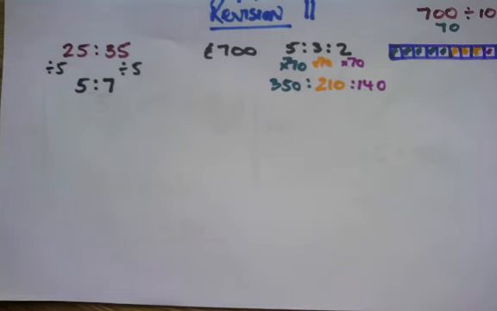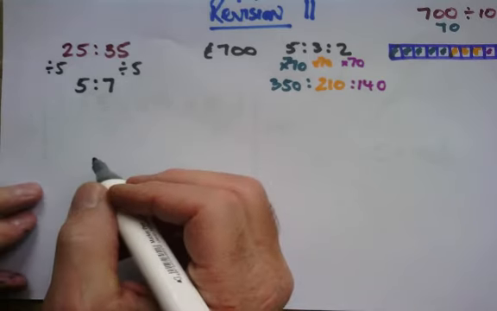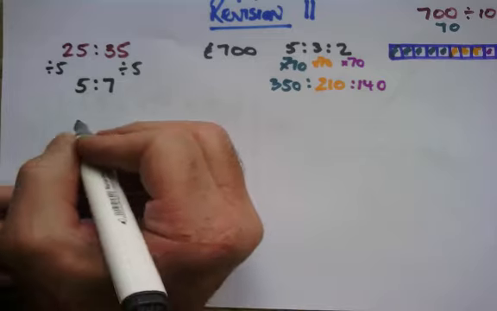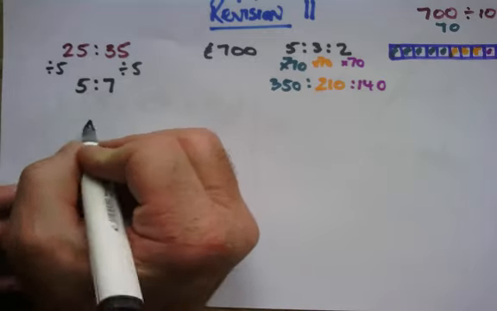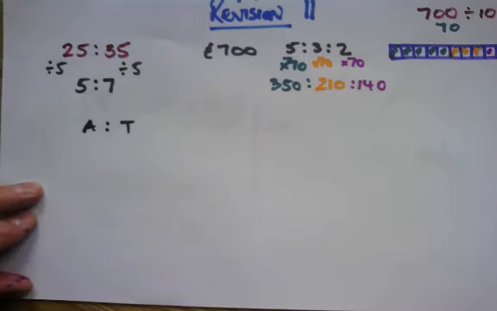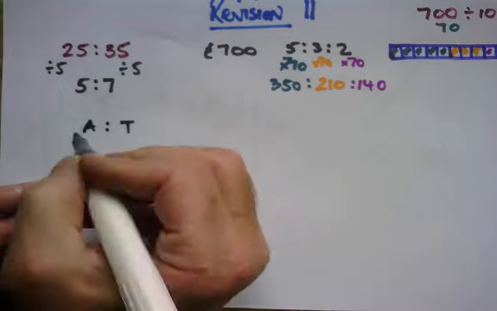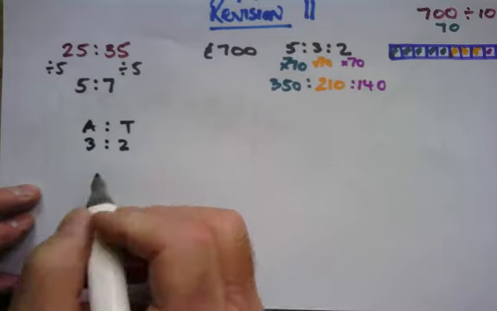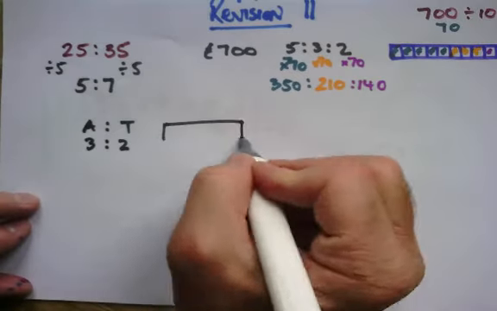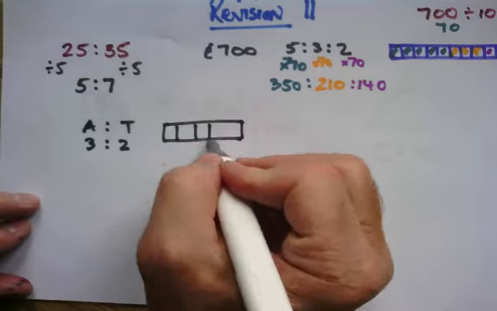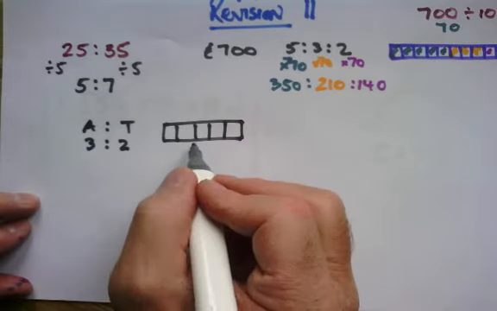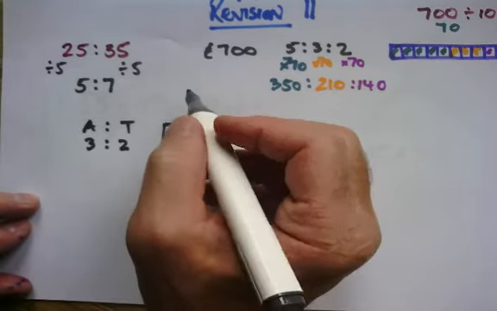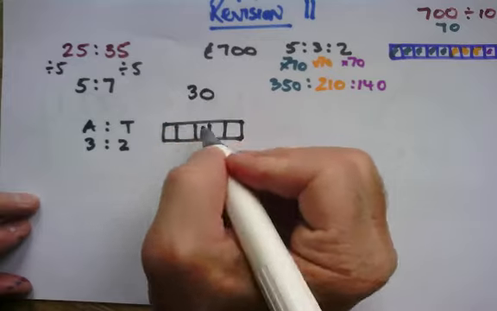Alex and Thomas share 30 sweets. They divide them in the ratio of 3 to 2. How much does Thomas get? So it's Alex and Thomas. Get the order right in the ratio of 3 to 2. Okay, so let's just see. We've got a bar here. This time we've only got 5 in there because I've got 3 parts to 2 parts, and I've got 30 sweets.